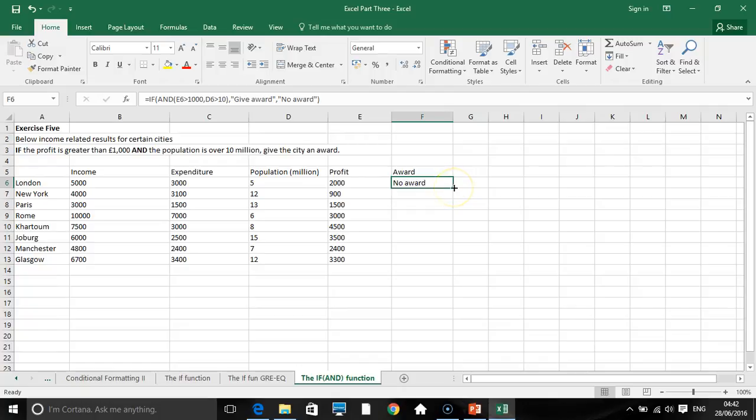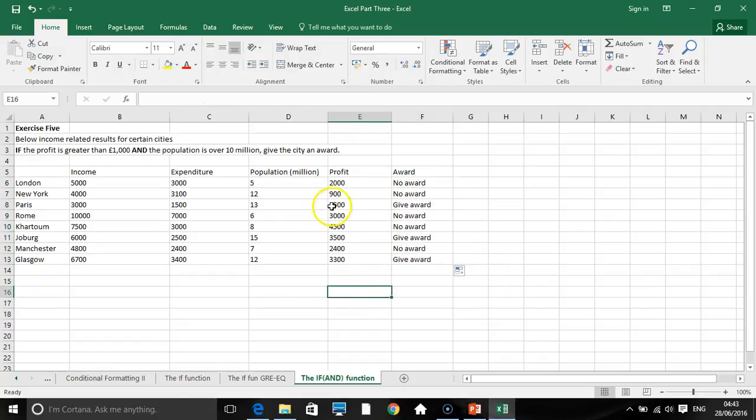If we again go to the corner and scroll down, you can see the cities that get the award are Paris, Joburg, and Glasgow, because they satisfy both conditions, and this is referred to as the if and function. So these are the key functions, along with conditional formatting, and I've gone through both of them.